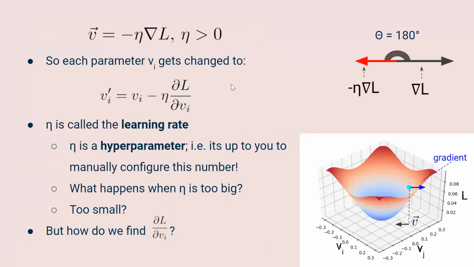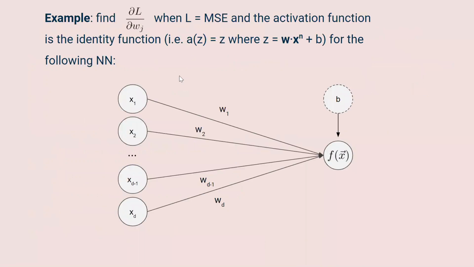But now the question is, how do we actually find this derivative? I go through an example here. I'm not going to spend too much time on it, but I have this example neural network, and it's a very simple one. There's pretty much no activation, it's just the identity function, and we want to take the derivative with respect to a certain weight.